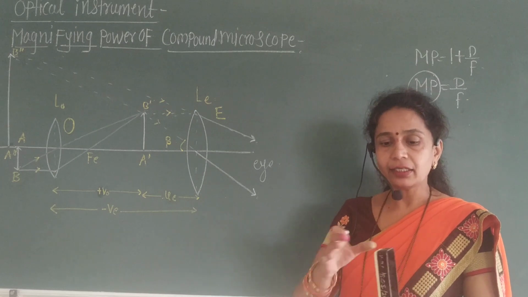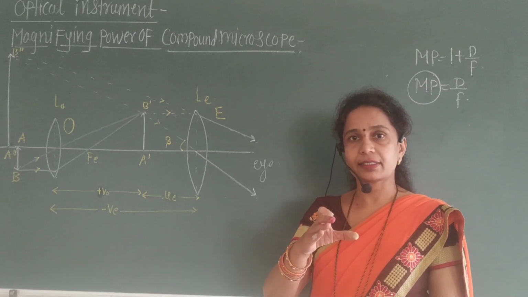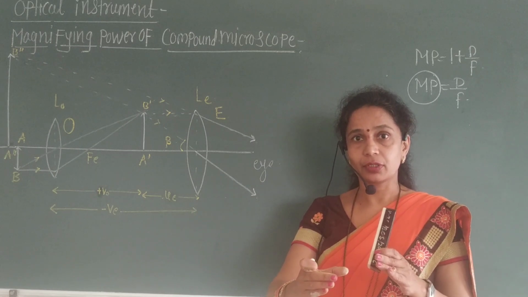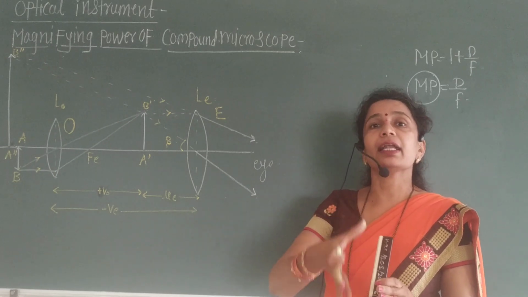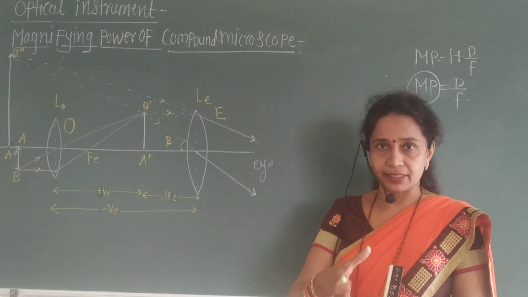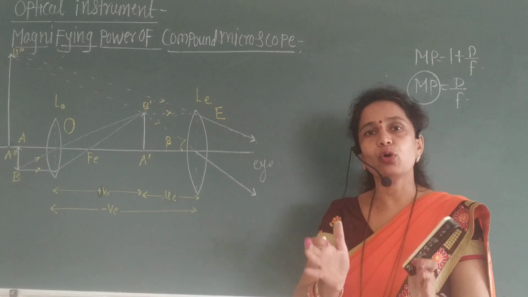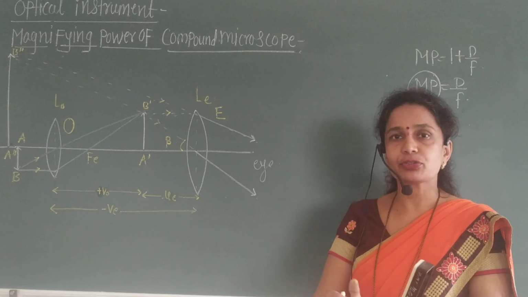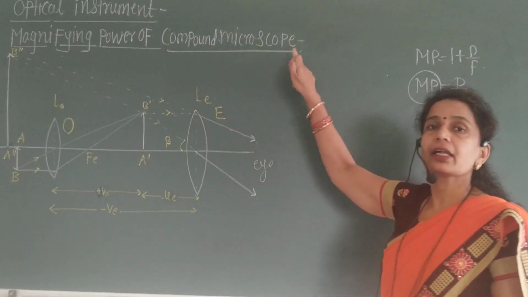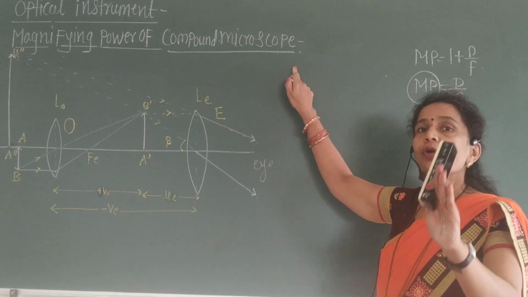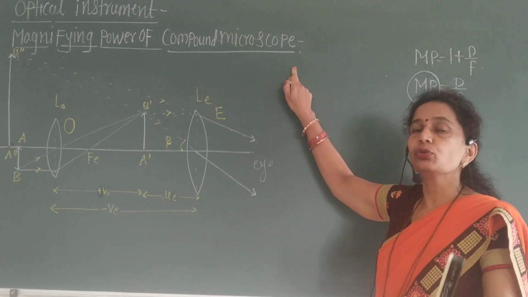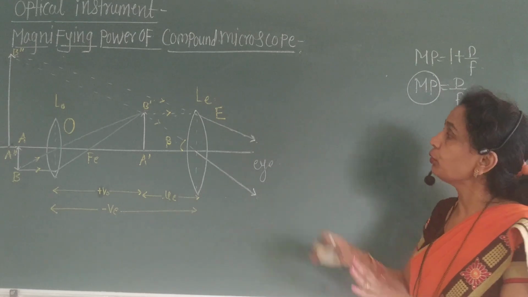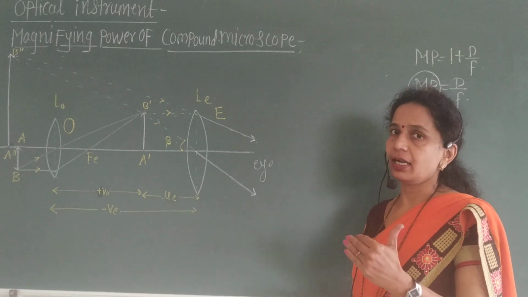These two lenses are fitted in a tube, and the distance between the lenses can be adjusted. That whole optical instrument is called a compound microscope, which consists of two convex lenses, one called the objective and the other called the eyepiece.